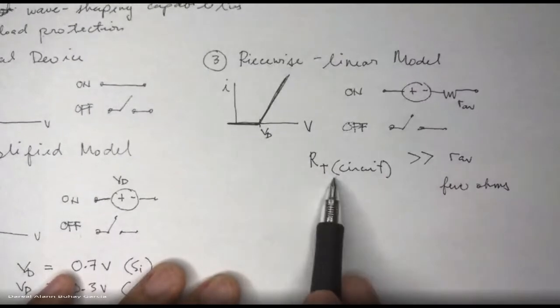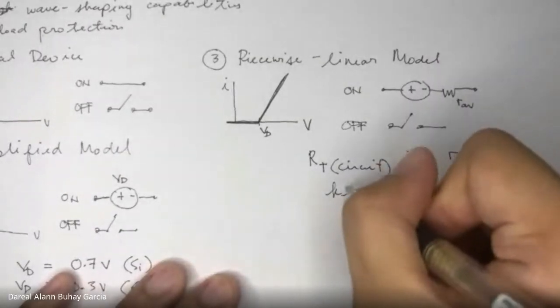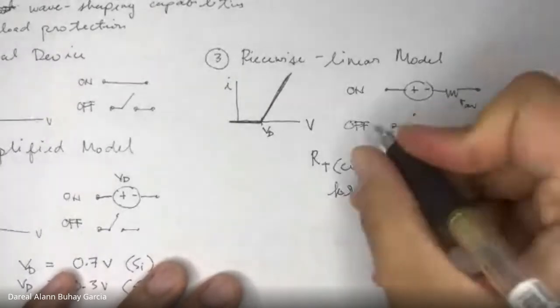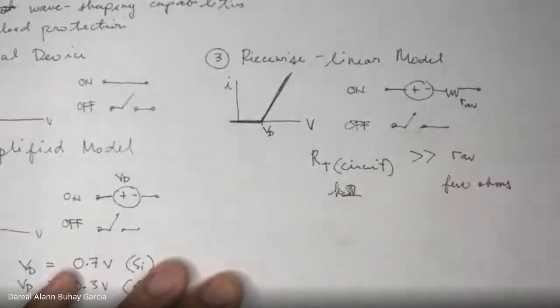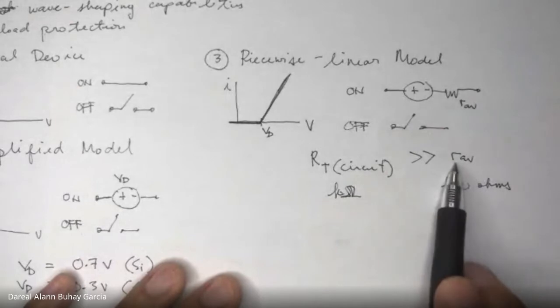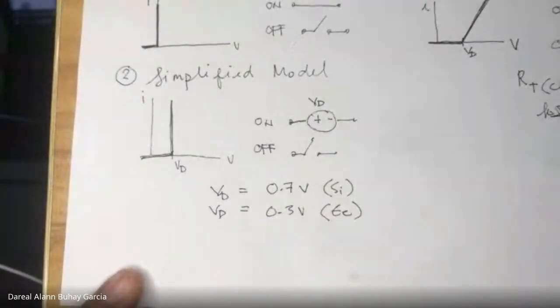And if our circuit employs resistances in the range of kilo ohms, we can just disregard the average resistance of the diode. Or we could use the simplified model.